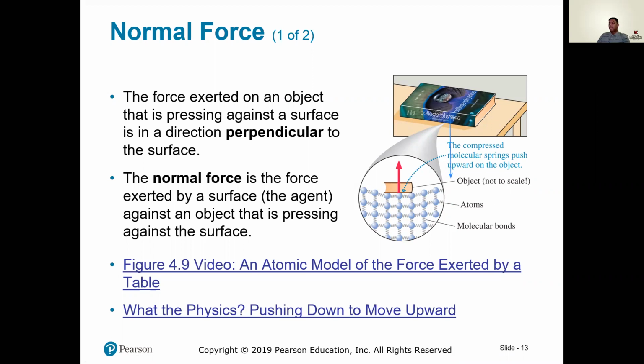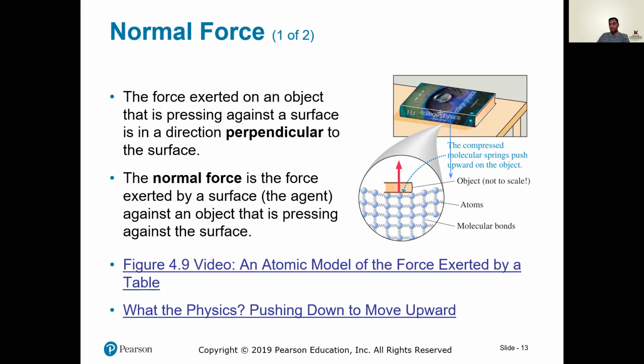For that force, the gravity pulls the book, so the agent is the earth. However, for the force applied on the table, the agent is the textbook here. So it's a push force.